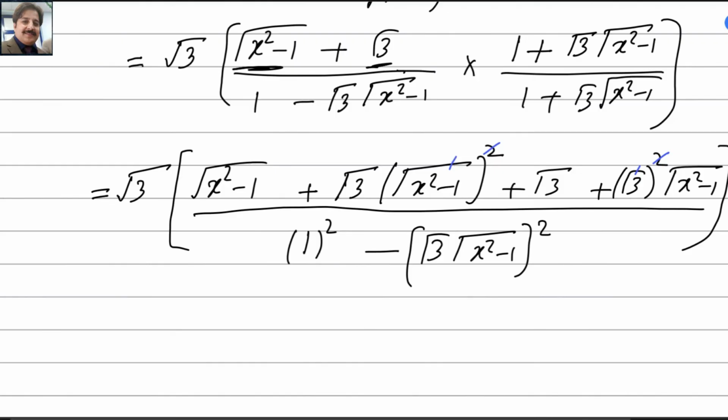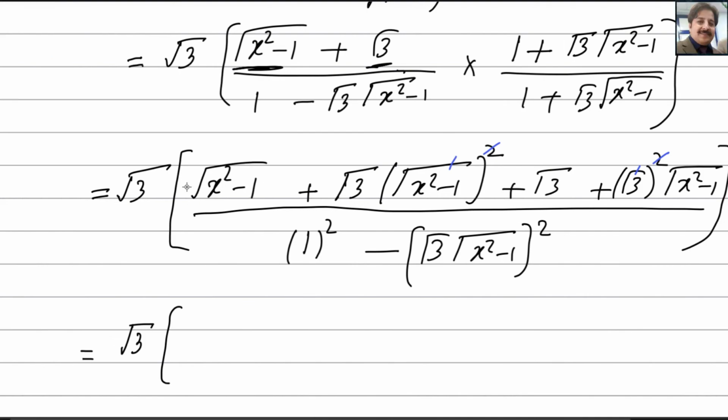Then we can write here square root 3 as is, then simplify inside. So it will be square root of x square minus 1. Here the coefficient is 1 and this one is 3, and we have these two like terms, so you can add these two coefficients together. 3 plus 1, because it is the same value, so you can write 4 square root of x square minus 1.